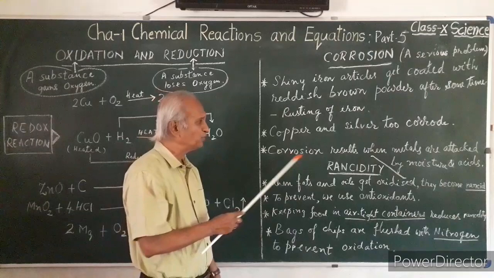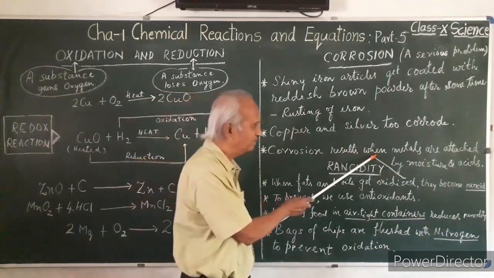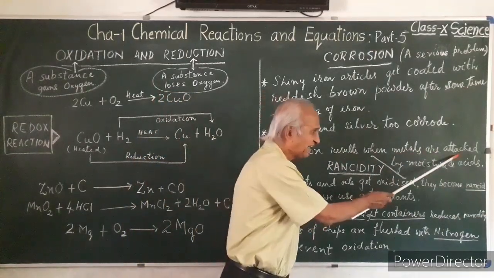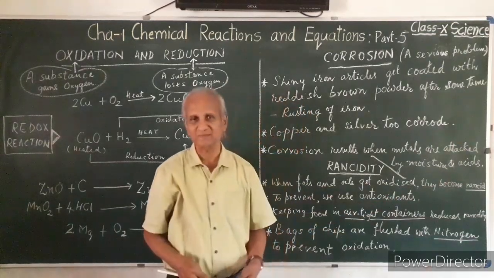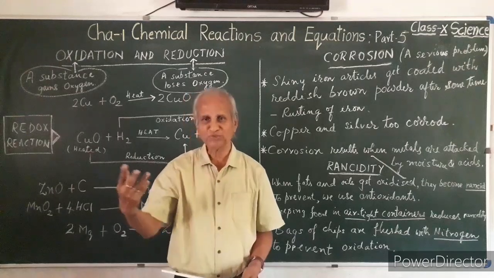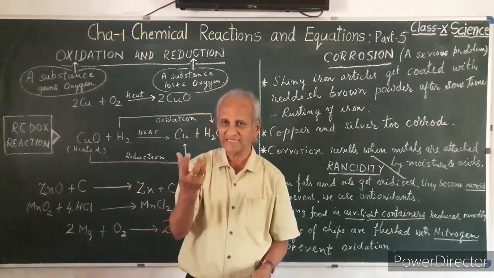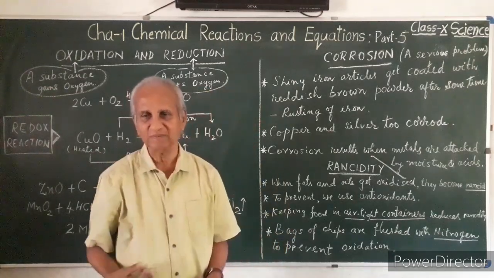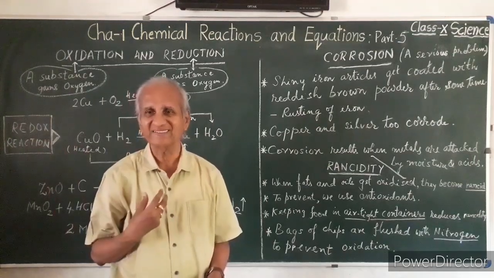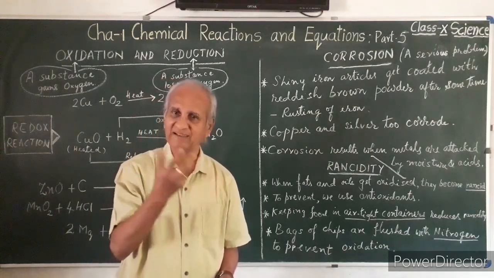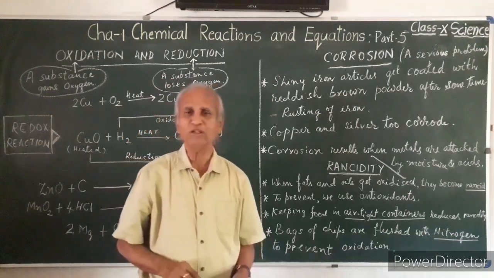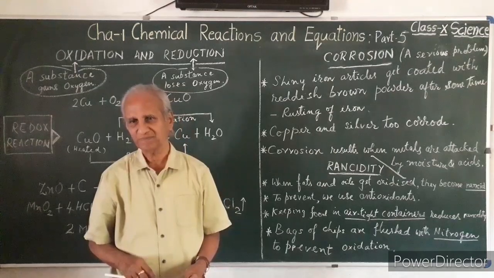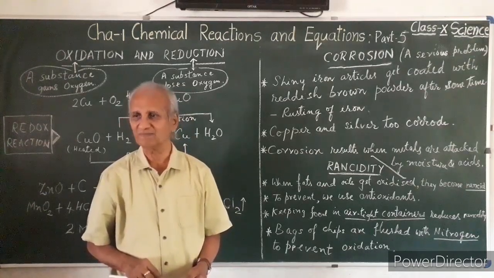Okay. Corrosion results when metals are attacked by moisture and acids. In the atmosphere, the acidic content in the air and water content make iron get corroded easily. Mostly all the iron objects get rusted very fast in the rainy season.